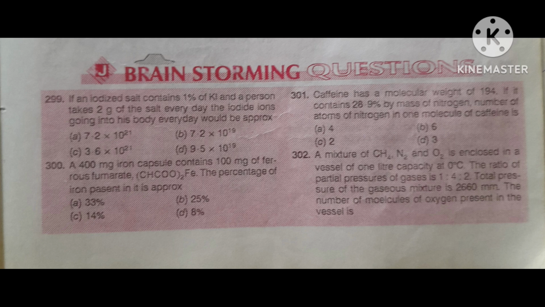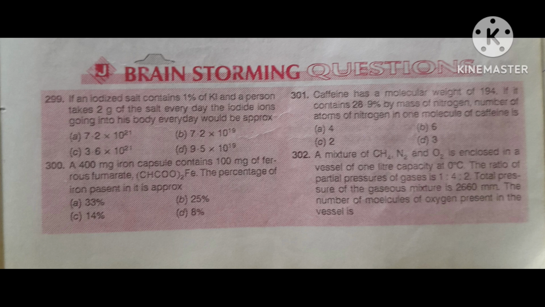Then you know that 22.4 liter contains Avogadro number at STP. STP condition is 0 degree centigrade and 760 mm. Then 22.4 liter contains Avogadro number of oxygen molecules, means 6.02 into 10 to the power 23.